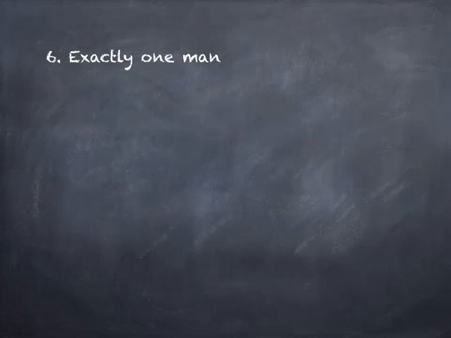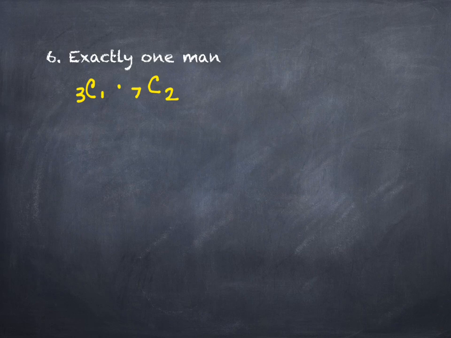All right, we have one more. Exactly one man. So very similar to the last problem. How do I do that? 3C1, that gets me my one man. 7C2, looks good. All right, so 3C1, what is that? It is 3. It's the 3rd row, 2nd entry, right?